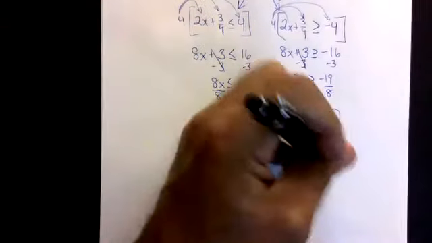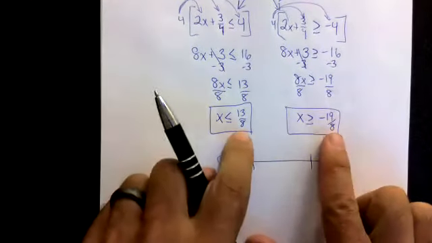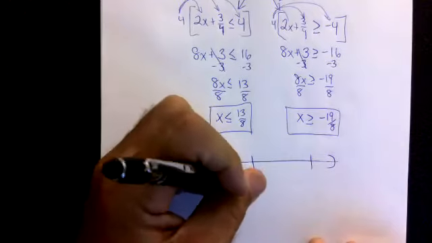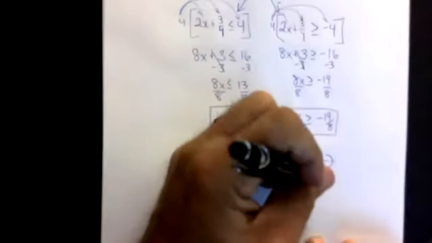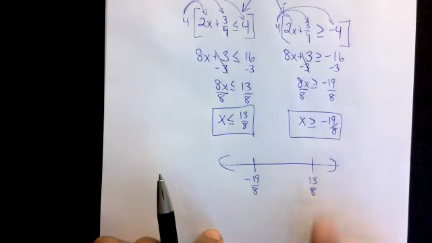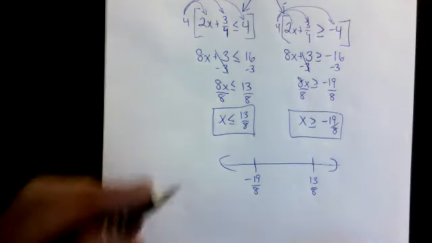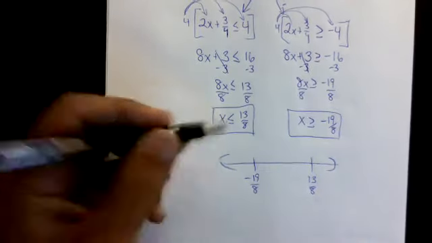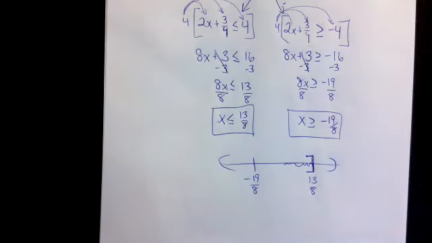All right, when we graph this on our number line, again, important, the smaller number has to go to the left. I like when one's negative and one's positive because the smallest one is obvious. The negative number is smaller than the positive number. So make sure the smaller number goes to the left, bigger number goes to the right. In terms of shading, we want everything less than or equal to, so bracket, 13/8, we shade that way.